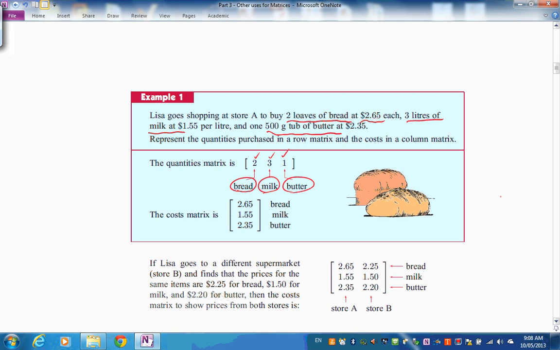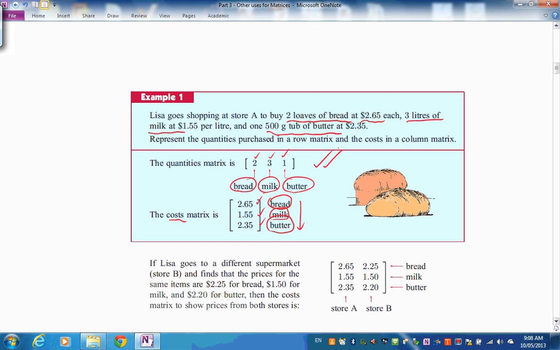So here then, if you looked at that, that would be the quantities matrix. The cost matrix is what we might put this way. Just remember that it's cost of bread, milk and butter. Notice we don't write those when we're just in matrix land. That's just to remind you of what the row matrix is.